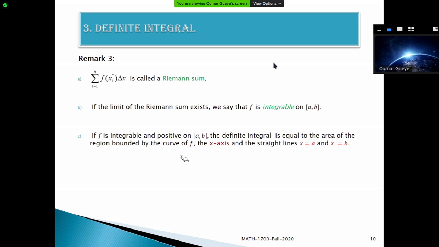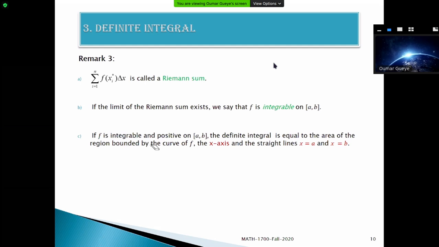And the third remark here: there is a connection between calculating an integral and calculating the area of the region bounded by the curve of a function, the x-axis, and the vertical lines between A and B. Just be careful. A lot of students think calculating the integral is exactly equal to calculating area.